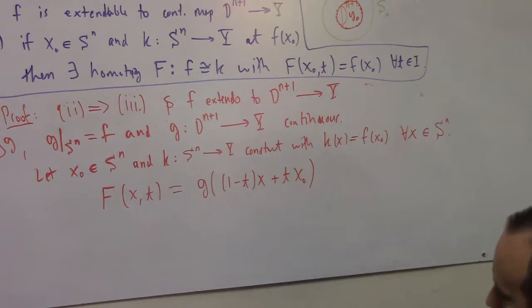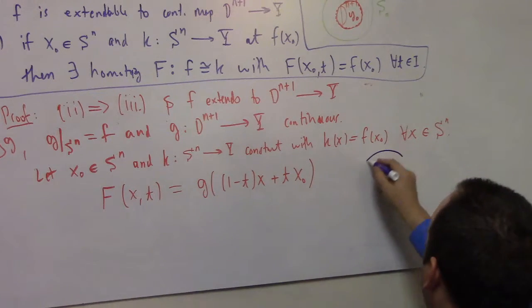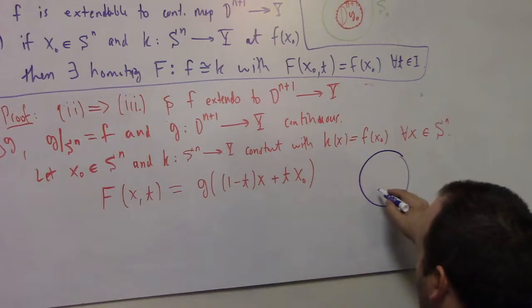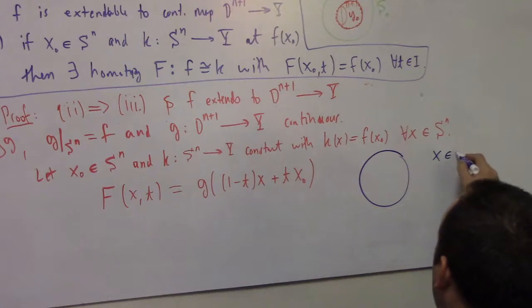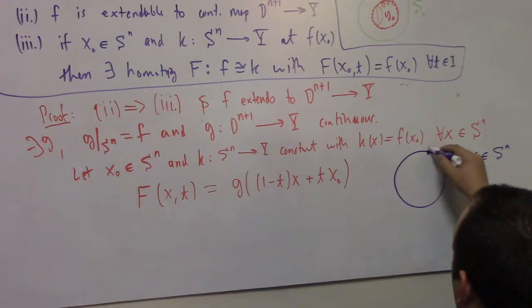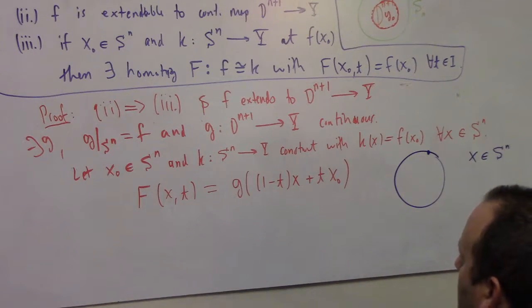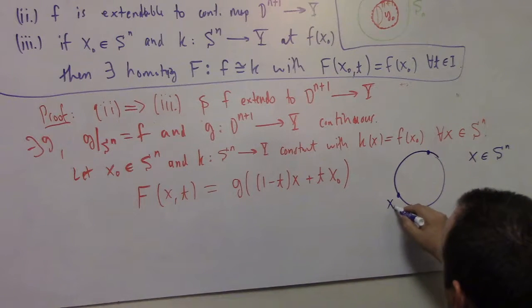Let's think about this. Where is x? In Sn. So x is an element of Sn, so it's like here. And x naught is going to be fixed. x naught is also an element of Sn, so it's over here.